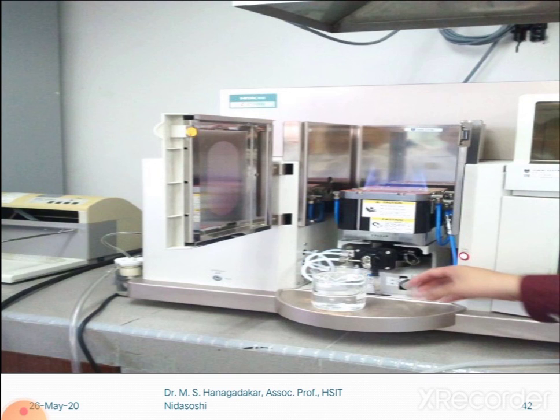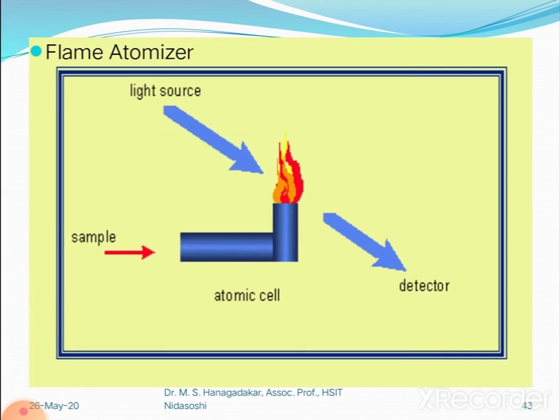The light intensity is then magnified by the detector, and that information is fed to the display system in the form of readings. So the flame atomizer system is expressed very simply in this slide.